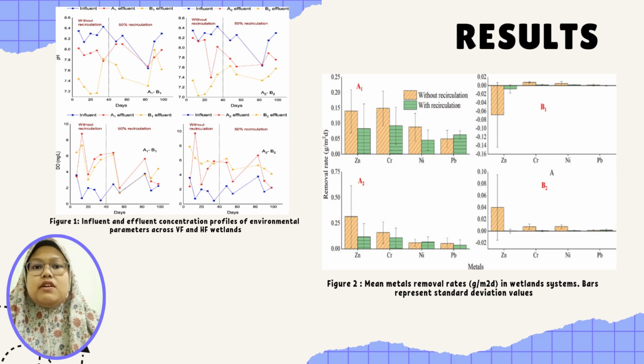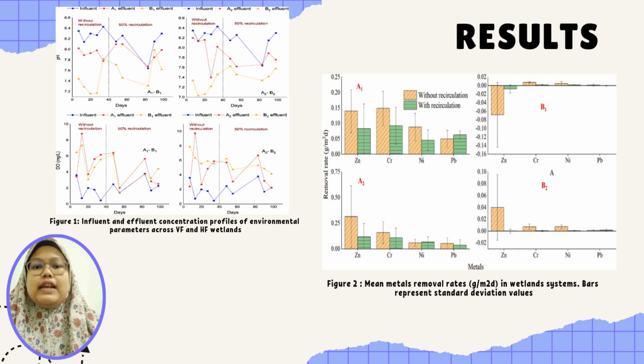The pH range of the influent was 7.6 to 8.2 and 7.7 to 8.9 for VF wetlands A1 and A2. It was 7.3 to 7.5 and 7.6 to 7.7 for HF wetlands B1 and B2.